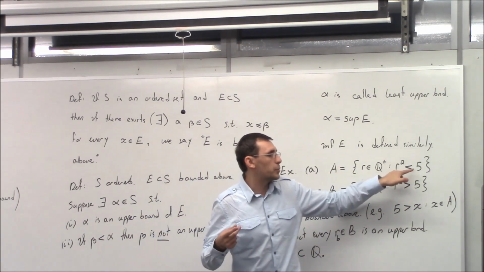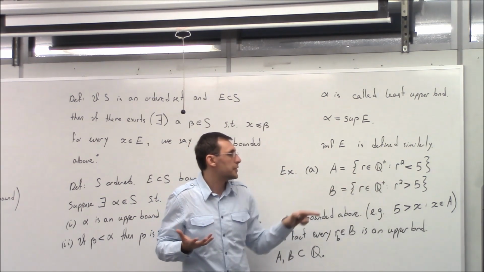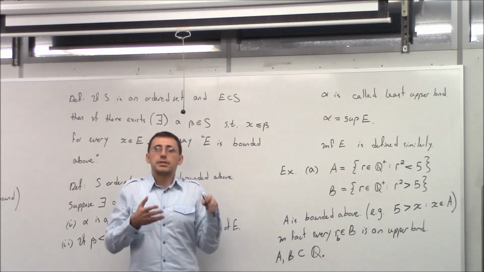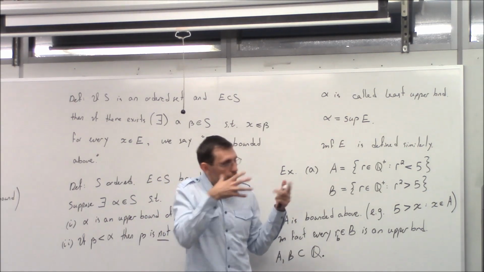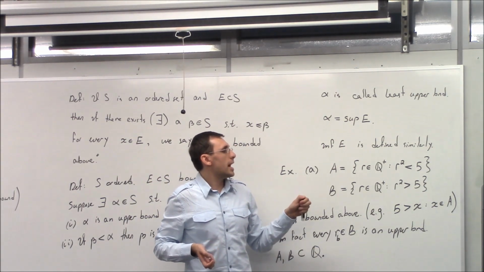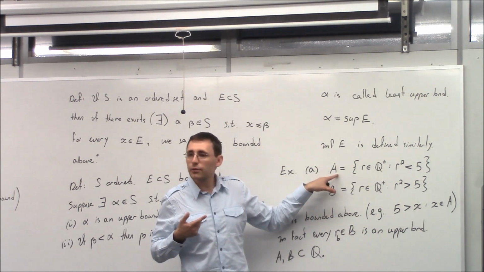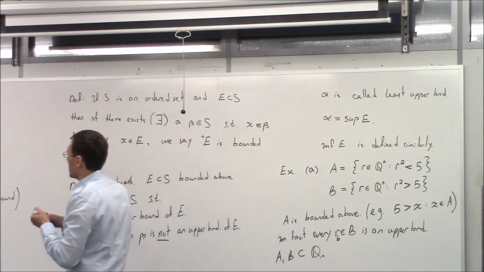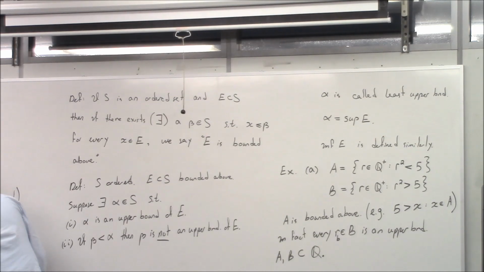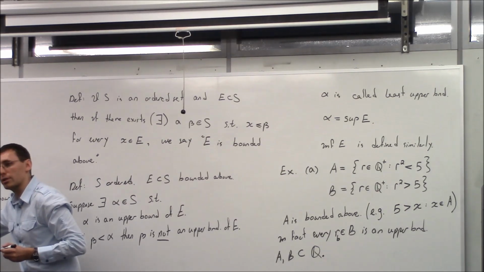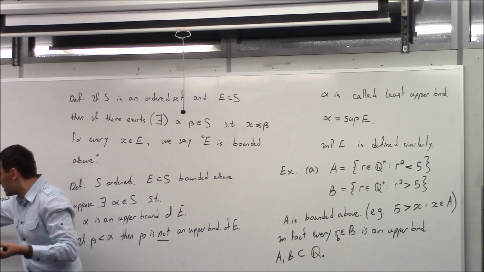Clearly, because no rational number squared equals 5, I either am in A or I am in B. And if you just think about the order with the rational numbers, how multiplication works and whatnot, you will see that any element in B, 5 is in B, any element in B is an upper bound for A. The picture that you can think of is here is A, and here is B. So either the number that I picked, I square it and I don't get root of 5, or I square it and I'm getting something bigger than root of 5.